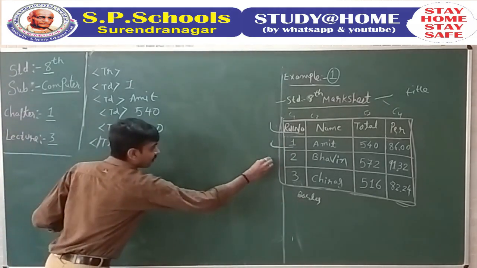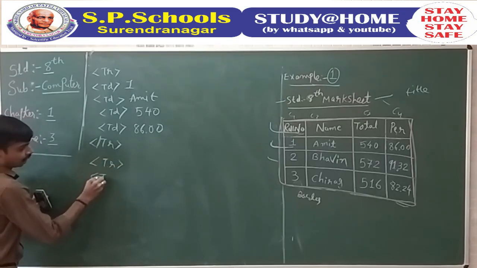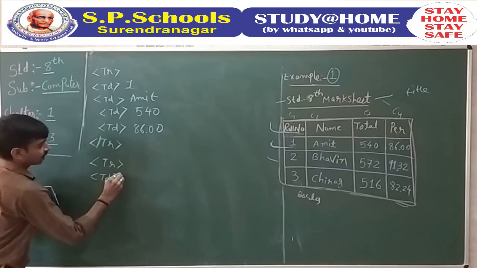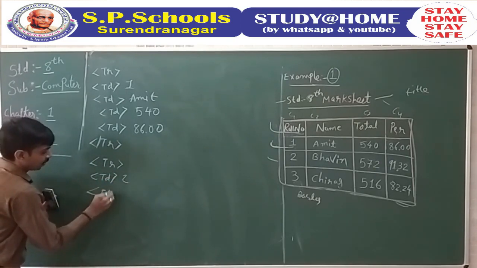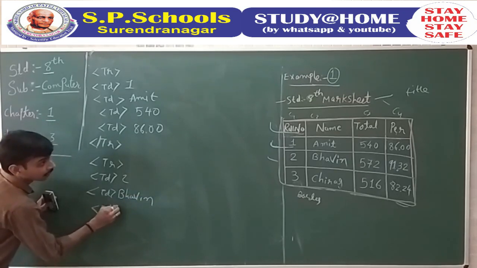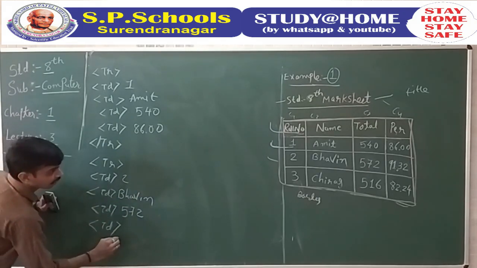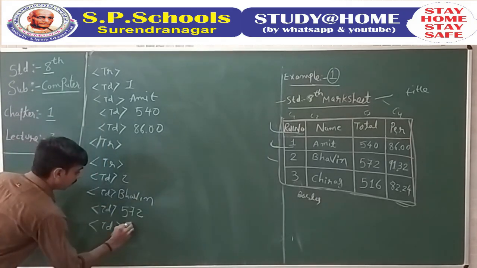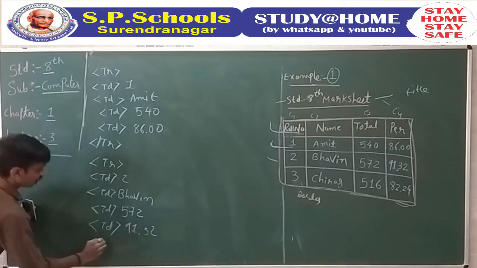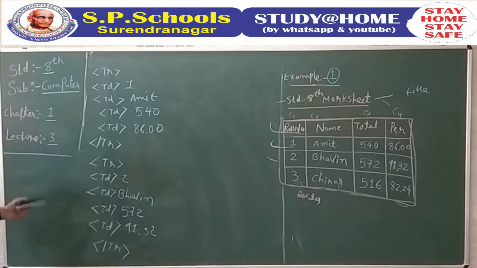Now we will start with the third row. Table data, roll number 2, then name is Bhavi. His total is 572 and his percentage is 91.32, and this table row is finished, completed with the 4 table data or cells between the third row.